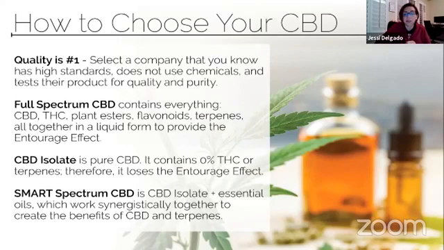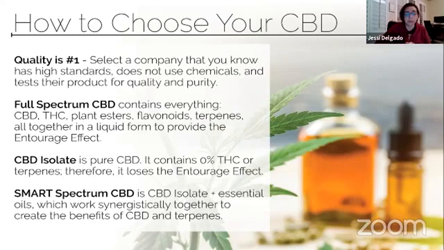Traces of heavy metals absorbed from the soil might be left behind in a full spectrum product, so watch out about that. However, a lot of people gravitate towards the full spectrum CBD because it still contains terpenes and might have more compounds, thus delivers the more powerful entourage effect.